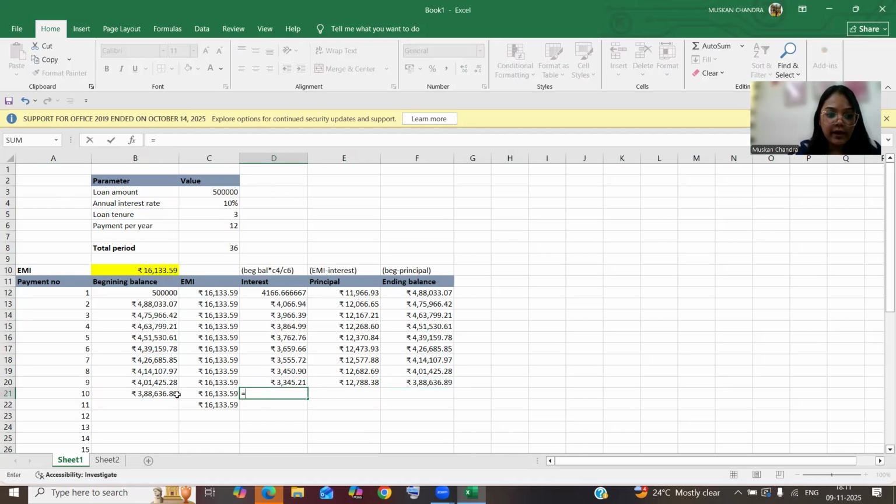Equals to beginning amount into bracket open C4, which is 10%, divided by C6, which is 12 monthly payments, bracket close. Principal will be equals to EMI minus interest.